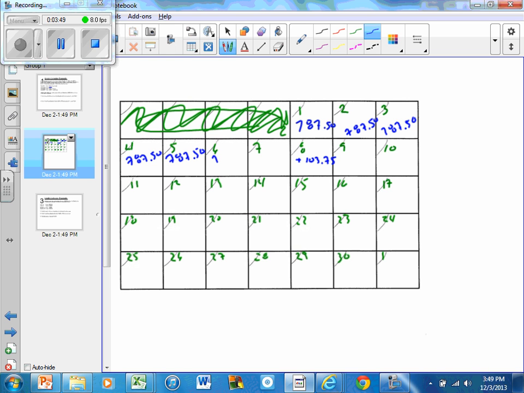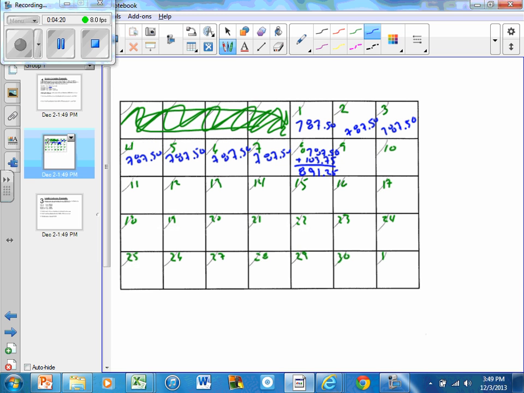I'm going to draw an arrow, and all that arrow represents is the fact that that number stays the same. So after this, we'll do an arrow. But on the 8th, we have $787.50 plus $103.75. So our new balance on the 8th of the month is going to move up to $891.25.